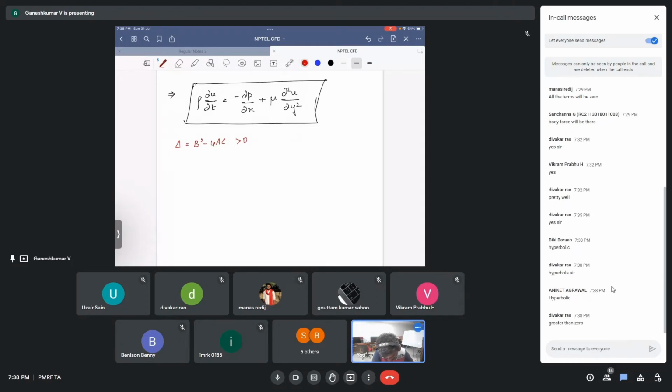If we look at this equation, u is a function of y and t, right?